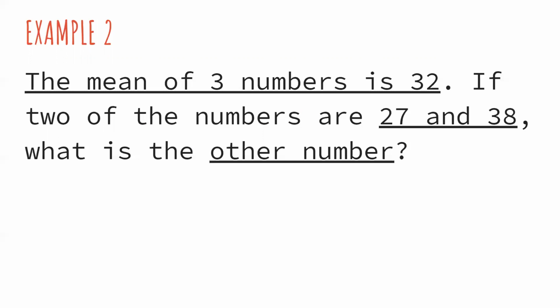Well, the problem states that we should have 3 values, but we've only got 2. Therefore, the missing number will be the 3rd number, or as I like to put it, the 3rd score. So what is the formula for the 3rd score? You guessed it. The 3rd score is the sum of the 3 numbers subtract the sum of 2 numbers.